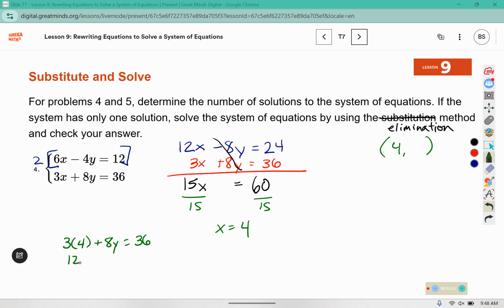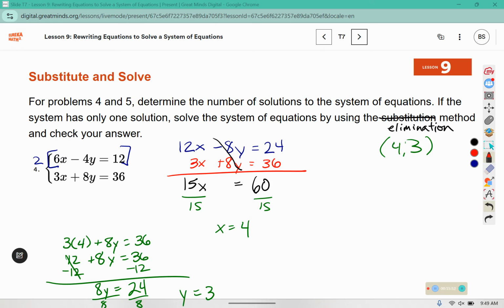Three times 4 is 12. Subtract 12 from both sides. 36 minus 12 is 24. Divide by 8, and that gives me y equals 3.